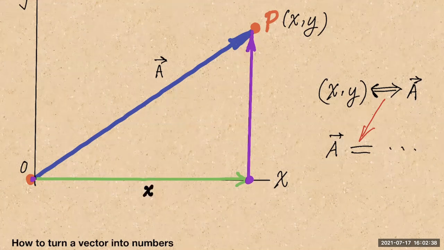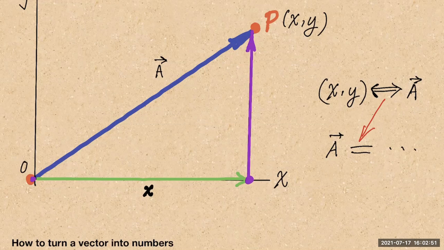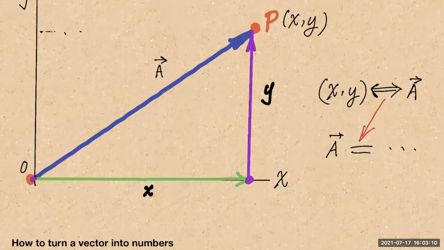Similarly, for the y coordinate, we know the length of this purple vector is actually just equal to y. Okay, the length of this purple vector. As a matter of fact, if I were to draw a line connecting point P with the y-axis parallel to the x-axis, I'm going to get something like this.